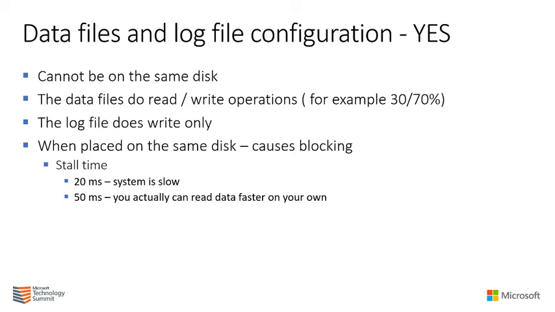And the indication of how to find out that something is slow is to look at so-called stall time. It should be measured in milliseconds. Stall time is how long you wait for accessing the disk. So if the time is greater than 20 milliseconds, then the system is slow. If it's greater than 50 milliseconds, then I say that we as humans are faster than the database.